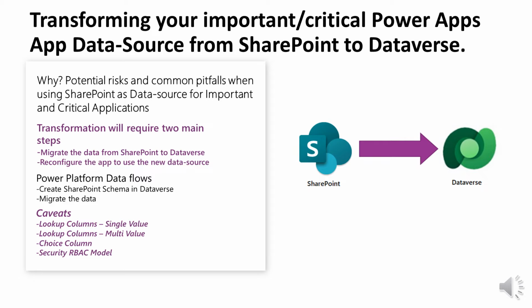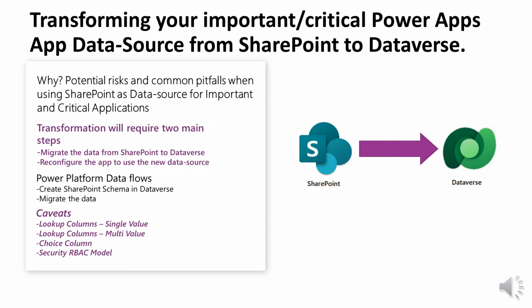Of course, in Dataverse, many-to-many relationships are fully supported, so you can get much better value and usability from many-to-many relationships in Dataverse versus faking your way around it in SharePoint by using multi-value lookup columns or creating in-between lists.